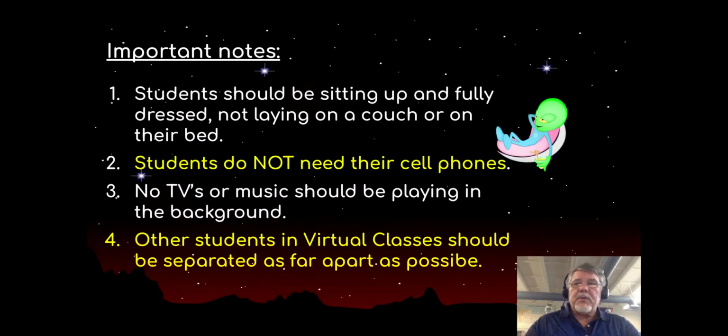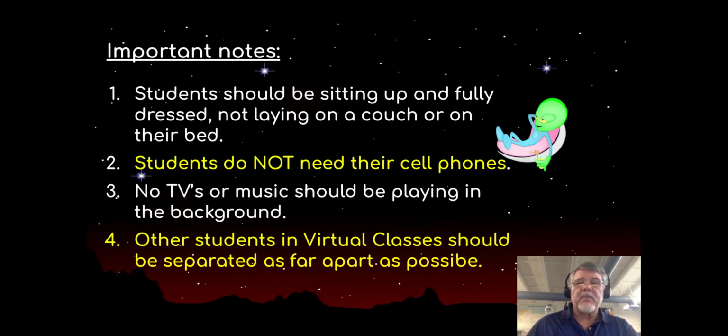A few important notes. Students should be sitting up and fully dressed, not laying on a couch or on their beds. Students do not need their cell phones. I highly recommend that those cell phones are off and put away somewhere out of sight, because if students were here at school, they would not be able to have their cell phones out in any way.